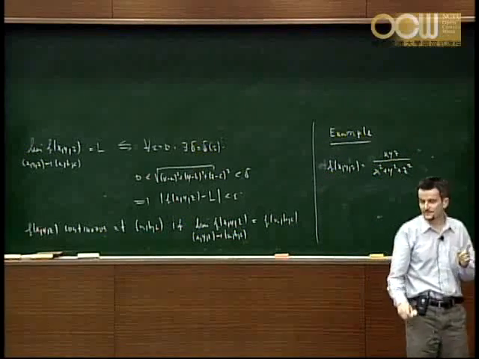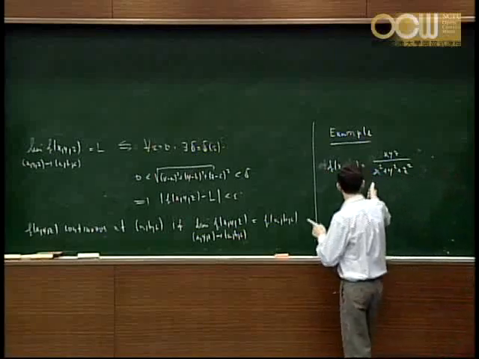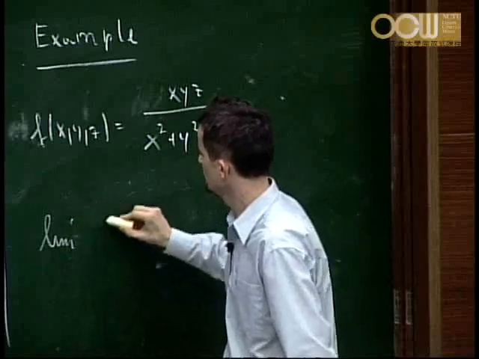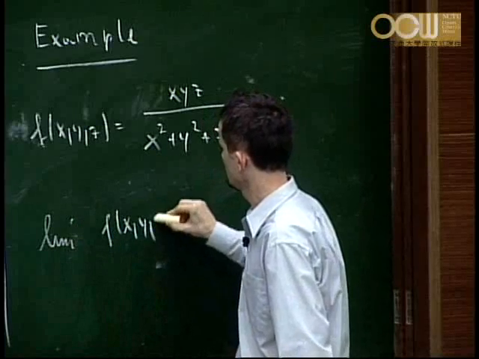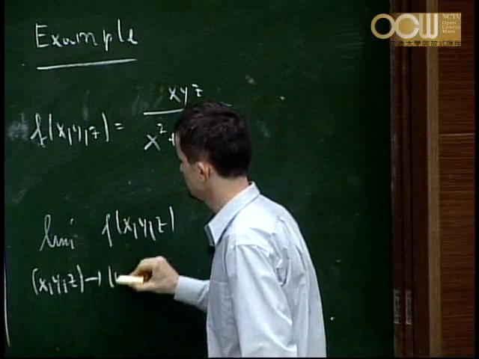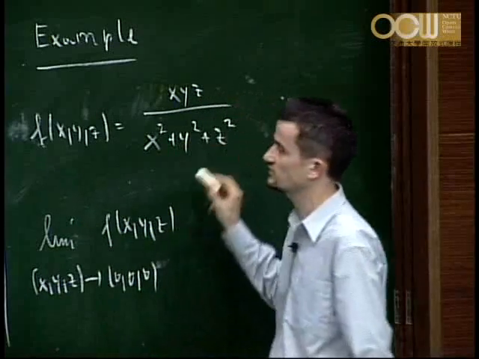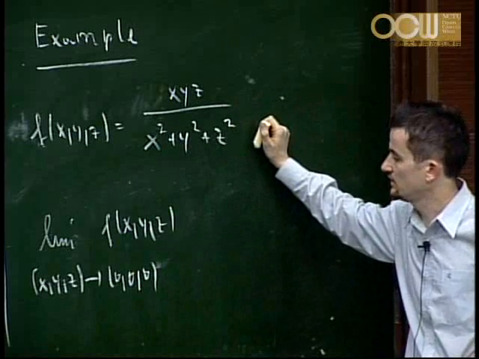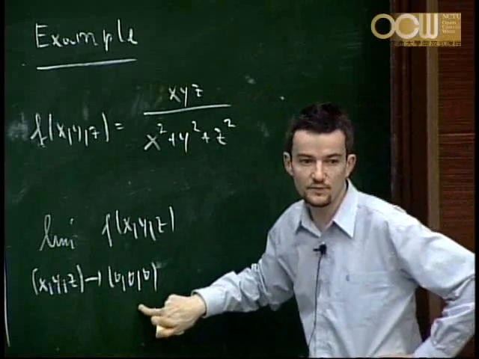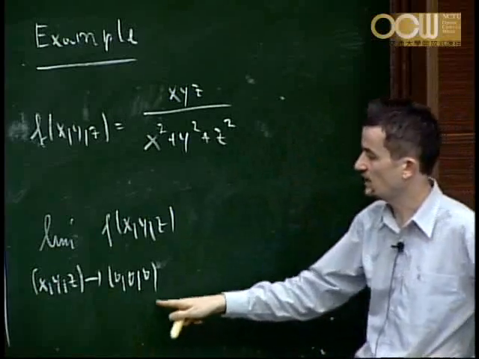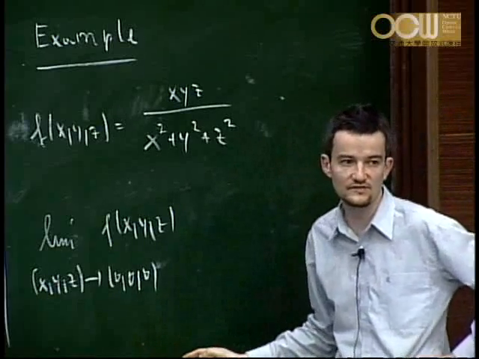Now you see, we want to figure out whether the limit of this function as x, y, and z approaches 0, 0, 0 exists. This is the only interesting point because this is again a rational function, so it will be continuous everywhere if you exclude this point here. So for all other points, you just get the limit by plugging in. So how about this limit? Does it exist or not?